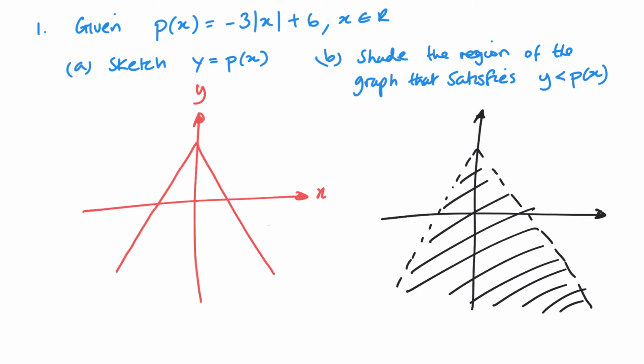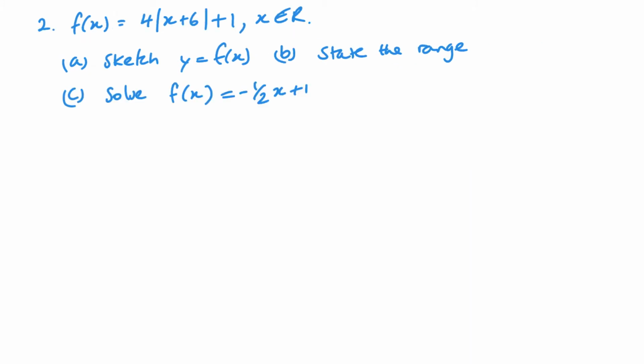Okay, and the dashed lines appear because this is a less than, not a less than or equal to. So that should be showing that this line should be dashed and not bold, because it cannot equal this line. Okay, and this is your y equals p of x line. I should also say that this is really going to be symmetrical, but that's not how you should approach it, is what I meant earlier.